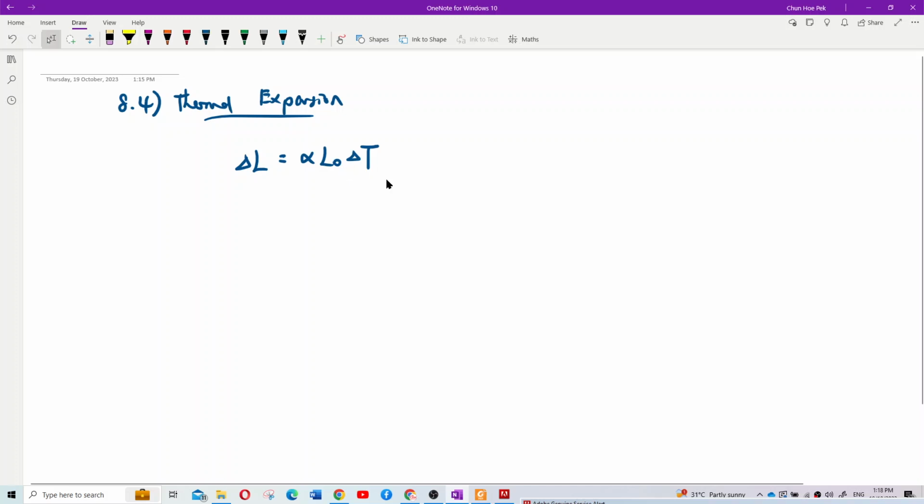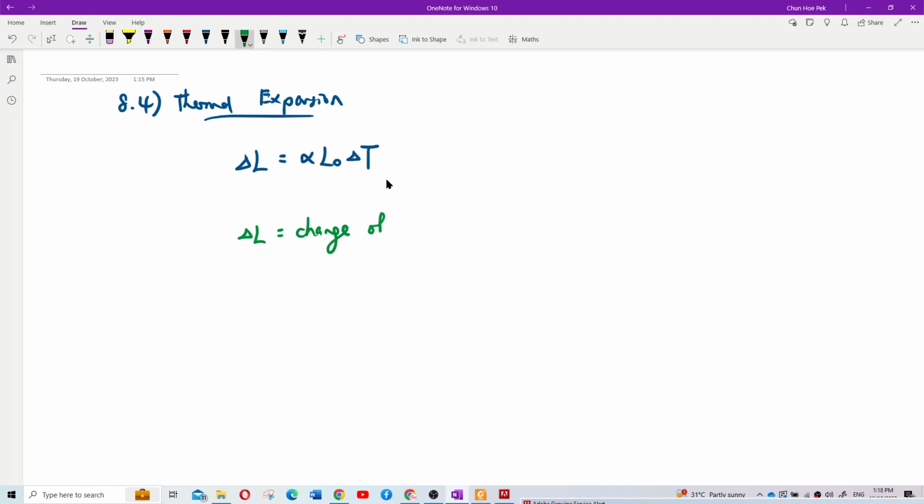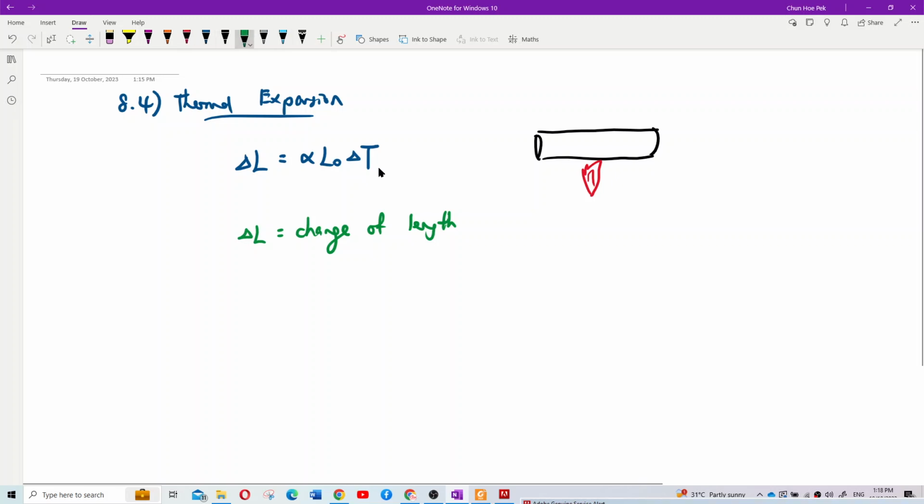So what is delta L? Delta L is the change of length, that means expansion. For example, I have a metal rod, and then I heat it up. The metal rod will expand like that, right, class?